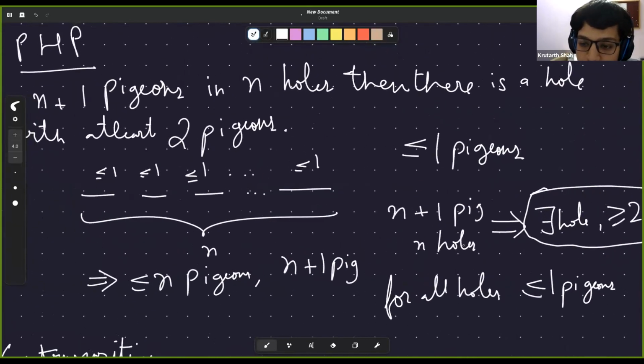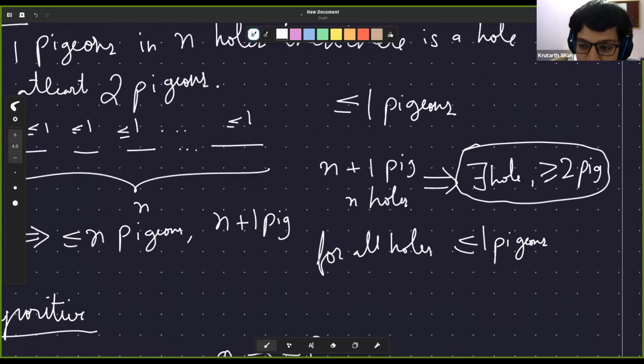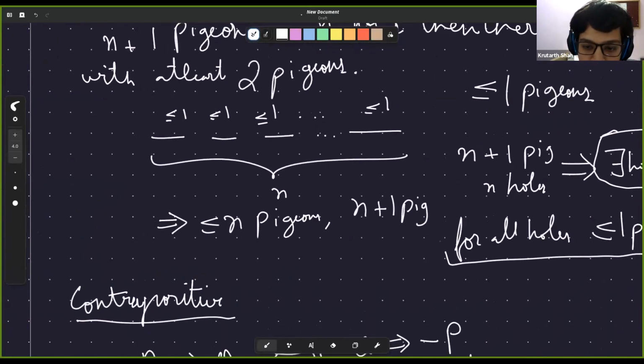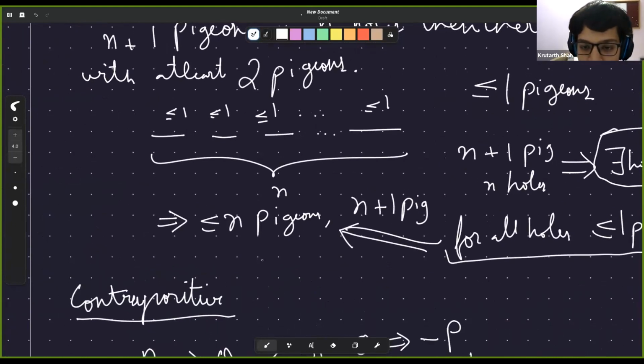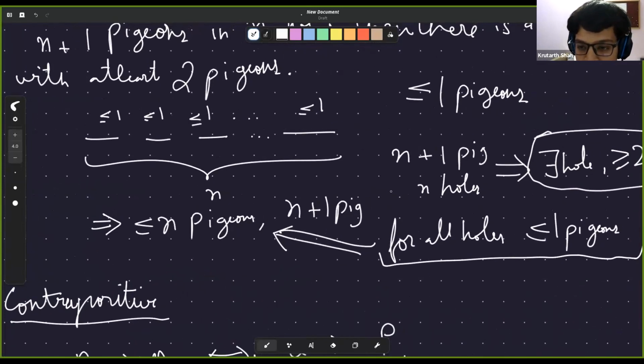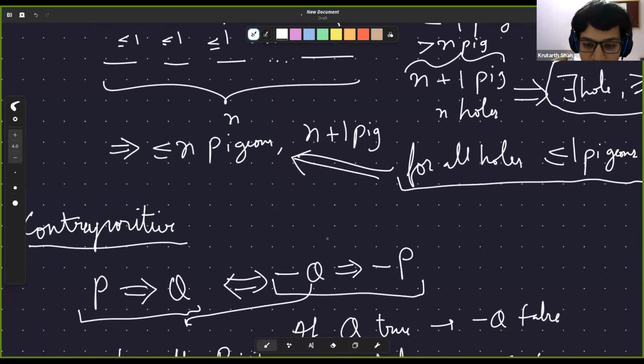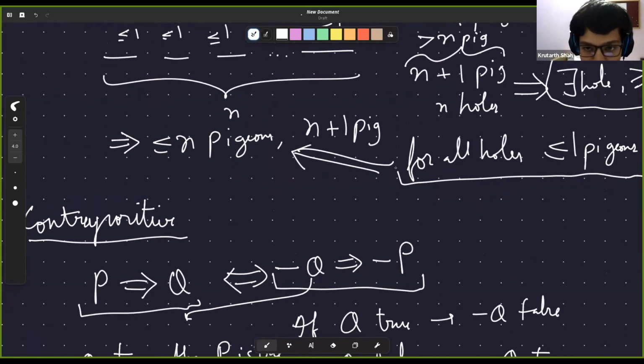If we assume the contradiction, so for all holes there is at most one pigeon, and then we showed that there are at most n pigeons, that happens to be the opposite of this statement, where if you replace this statement with a general statement that if you have greater than n pigeons, right? And so then this becomes the contrapositive itself. Any questions here?